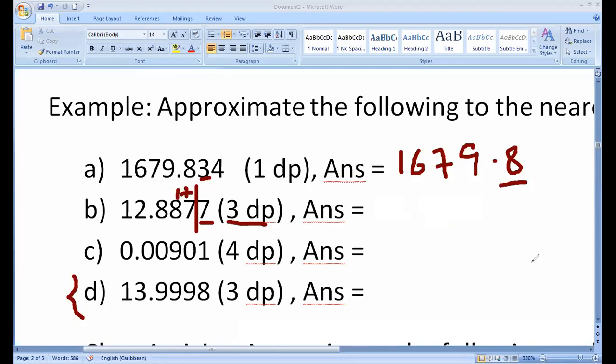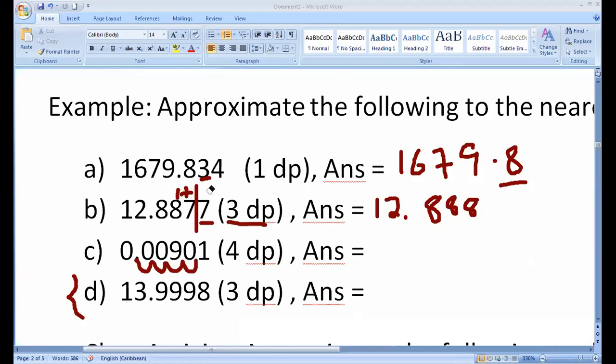Actually, Miss Dawkins. All right. I had to mute her a while ago. So it says 4 decimal places. So we're going to go 4 places to the right. 0, 1, 2, 3, 4.